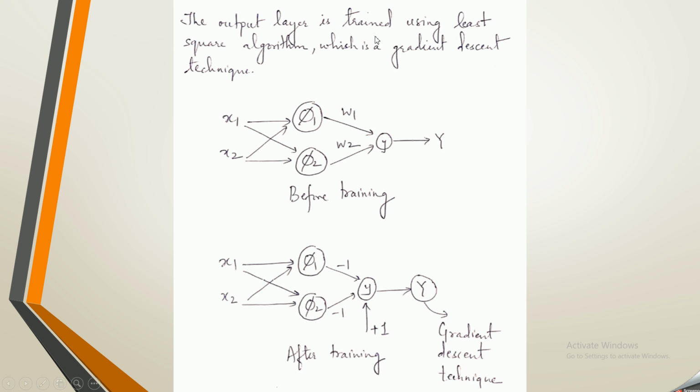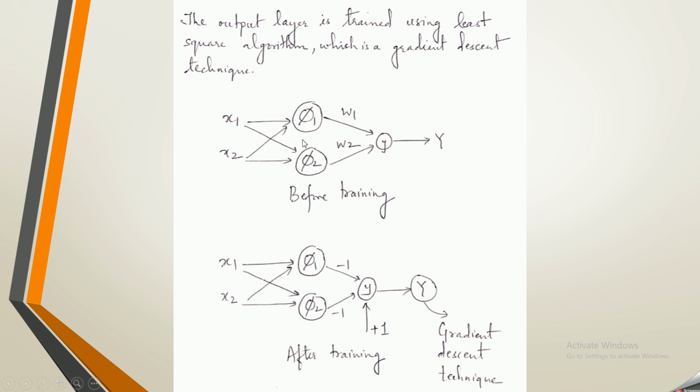The output layer is then trained. Whatever values we have got of phi 1 and phi 2 are trained using the least squares algorithm, which is a gradient descent technique. We have already seen the gradient descent method in our previous modules.